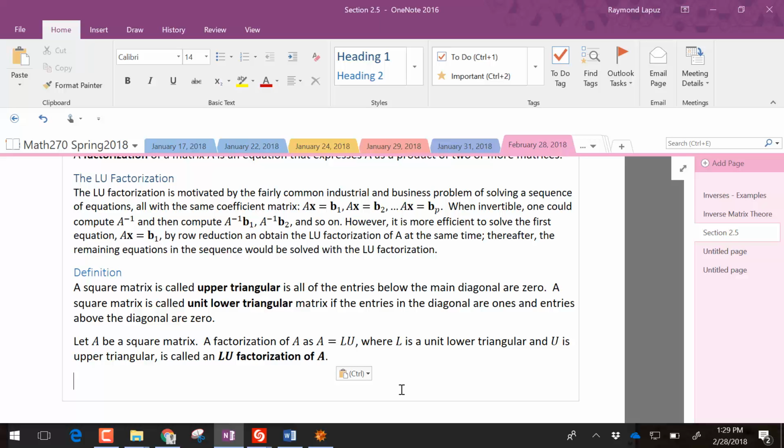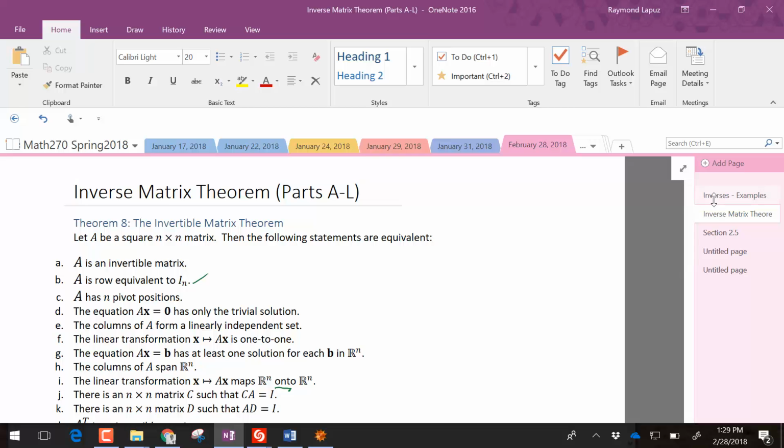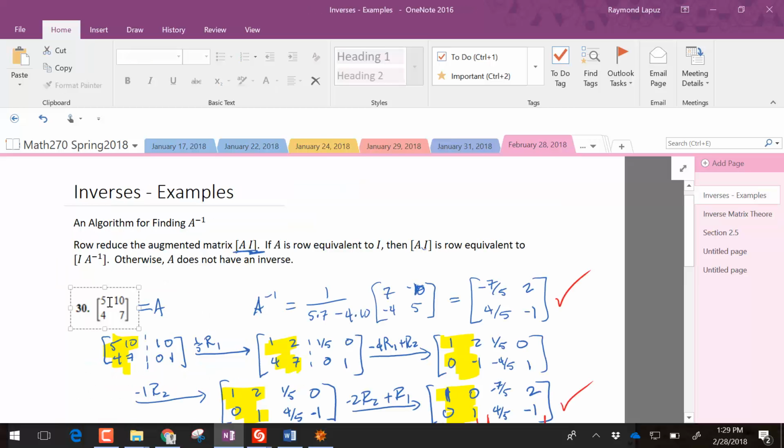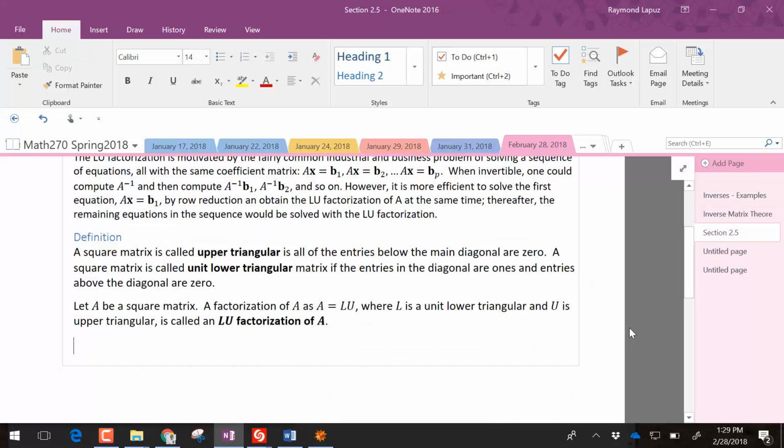So an LU factorization factors your matrix into the upper triangular and the lower unit triangular matrix. All right? Cool. You should get an L and a U in your result. So let's take a look at the 2x2 example that we have over here, and let's see if we can make that into an LU decomposition.